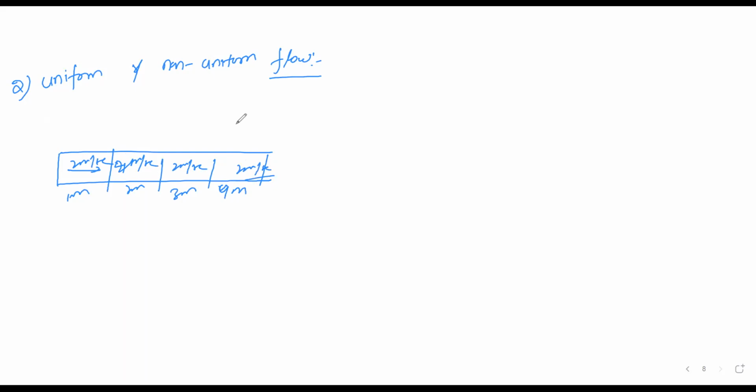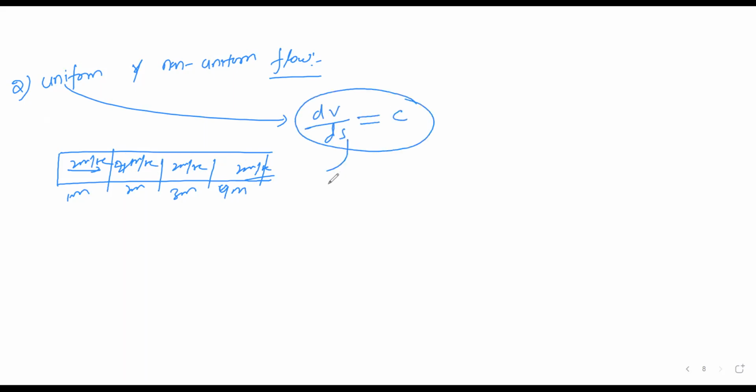That is called a uniform flow. Uniform flow means there will be no variation of velocity and acceleration with respect to space. Like acceleration, dA by dc should be constant with respect to space. But if it is varying with respect to space, that is called a non-uniform flow.